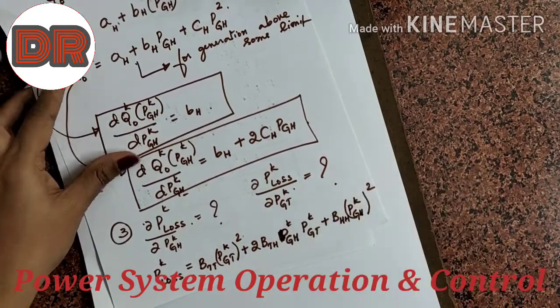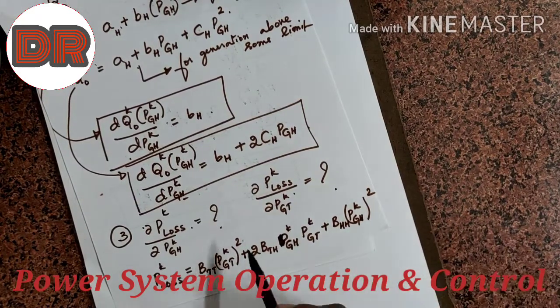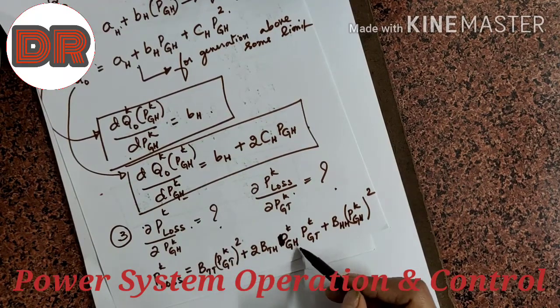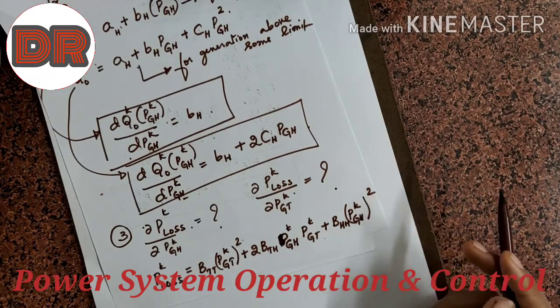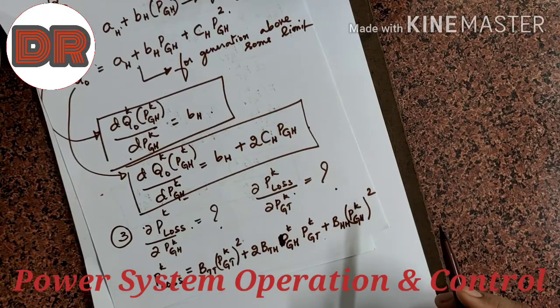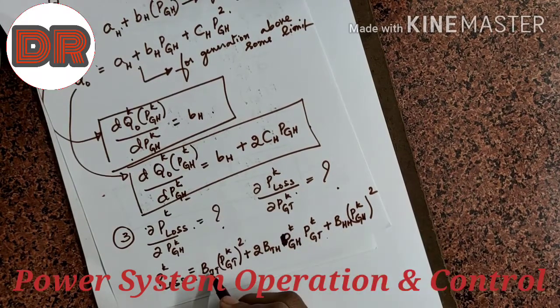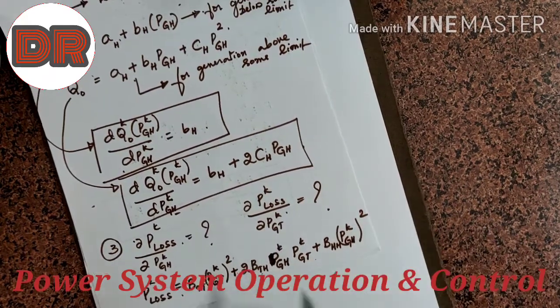We have seen this loss equation in thermal scheduling, where we wrote it as B11 Pg1 square plus 2B12 Pg1 Pg2 plus B22 Pg2 square. But here the thermal and hydropower plants are the parts of the system, so we are writing BTT and BHH. BTT is the loss coefficient for the thermal power plant, BHH is for hydro, and BTH is for the combination.